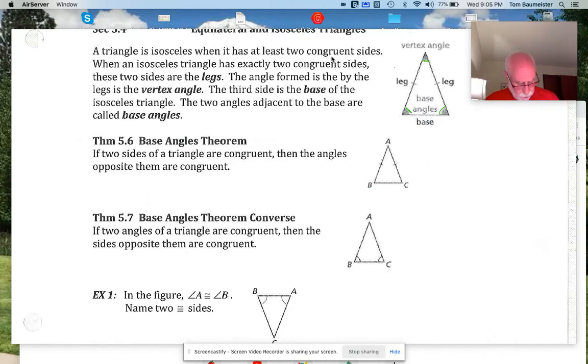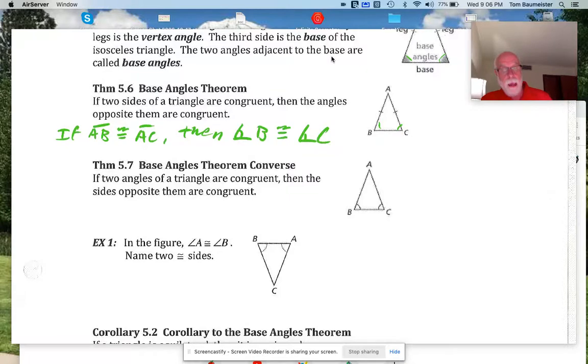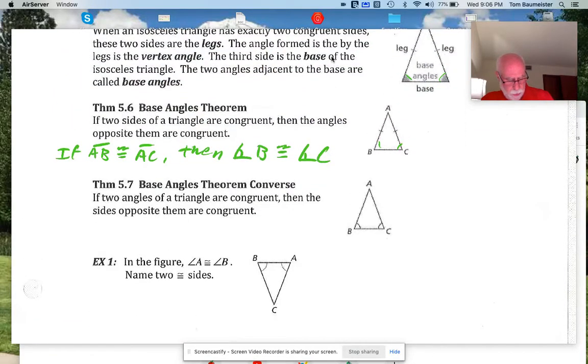So what that is saying is if line segment AB is congruent to line segment AC, then we can say in this case, since they're not attached to anything else, we can call these two angles by just the one letter, and we can say that angle B is congruent to angle C. That's the base angles theorem.